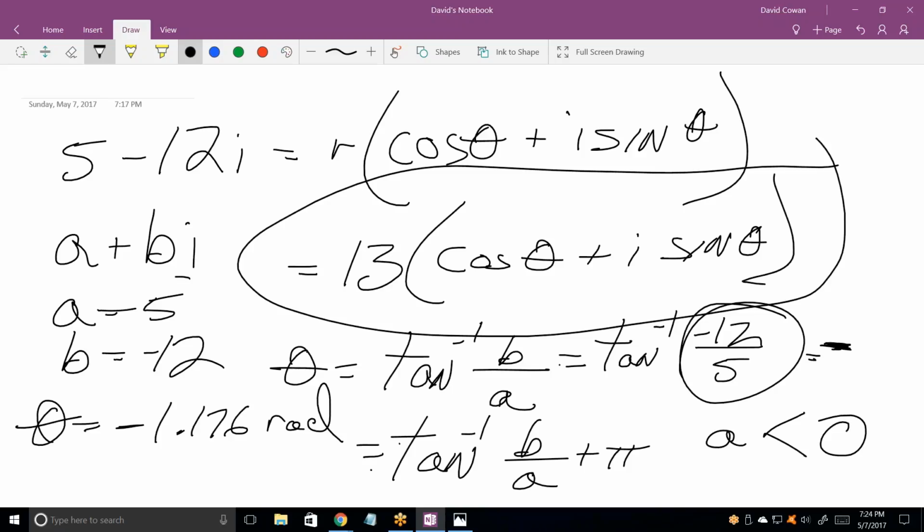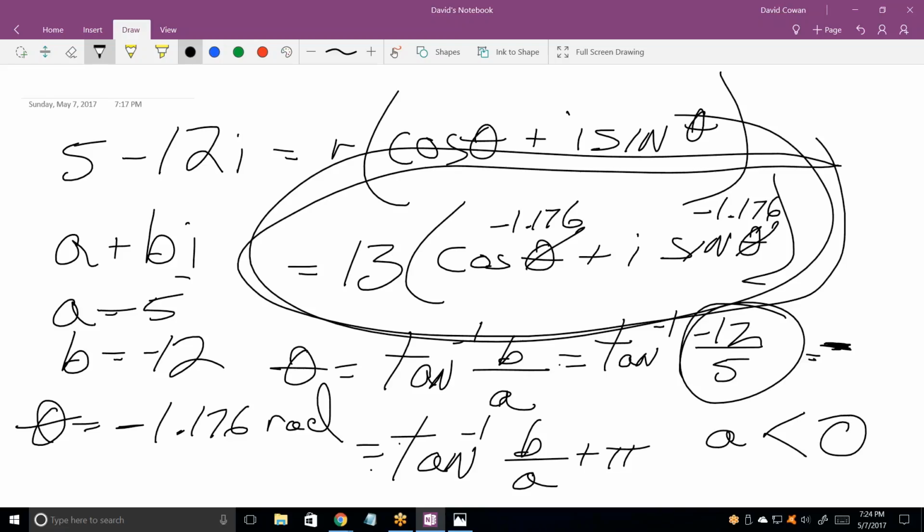In other words, that's going to be negative 1.176 radians. And that's our answer. In other words, that is the polar trigonometric representation of this complex number.